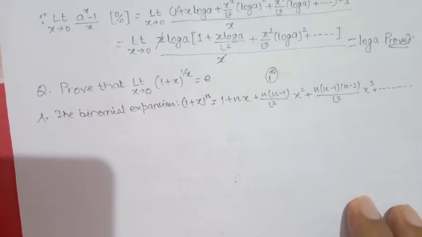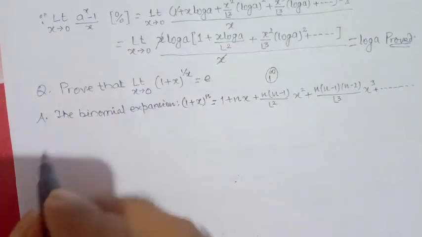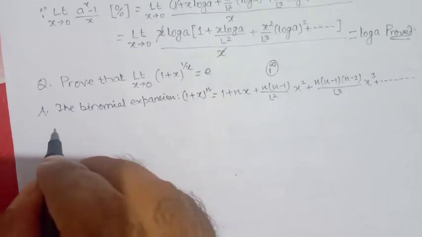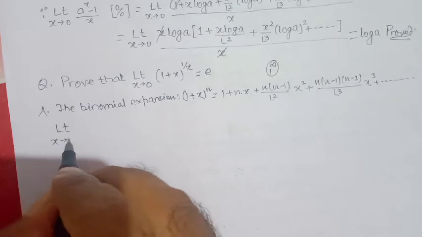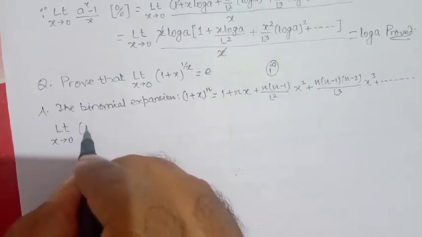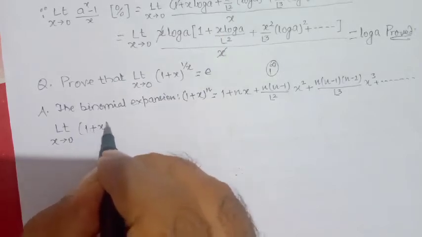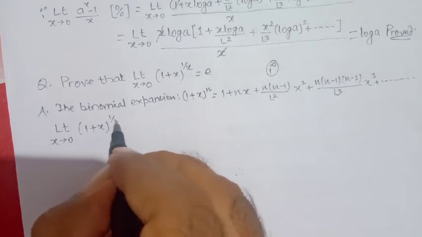Now come to the given question. We have to find the limit x tends to 0 of (1 plus x) whole to the power 1 by x.